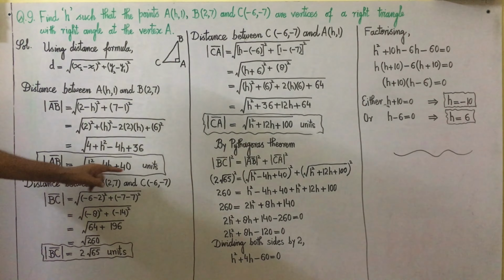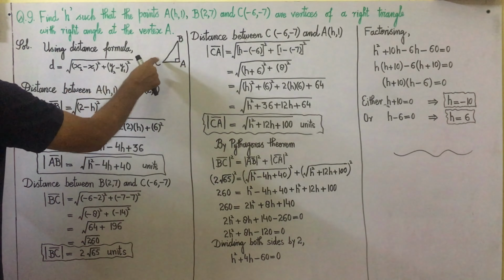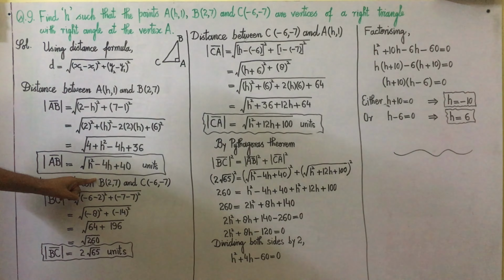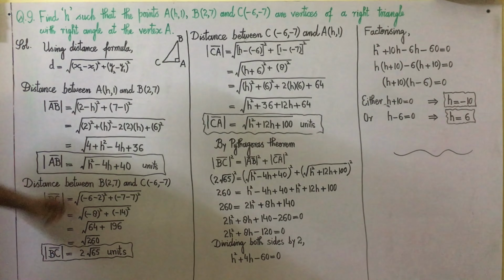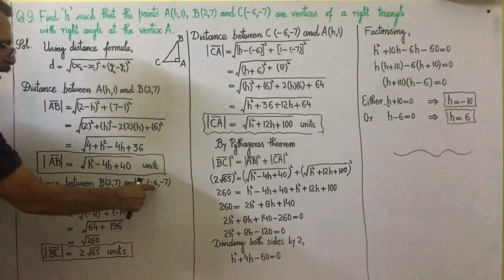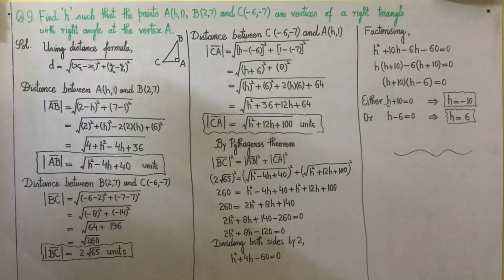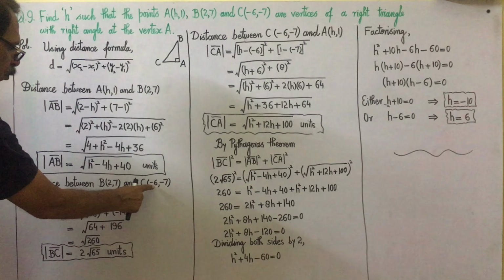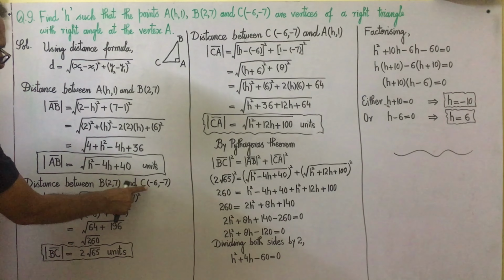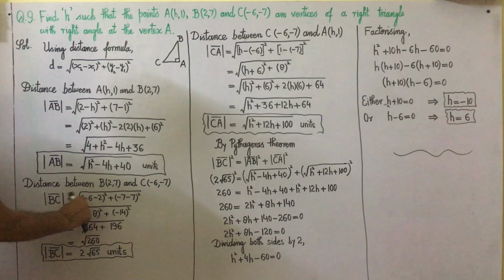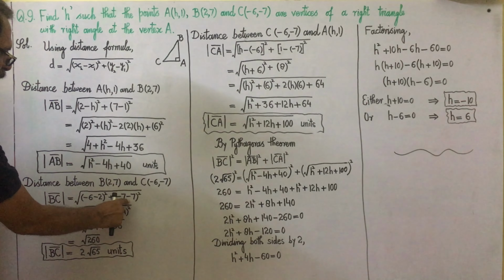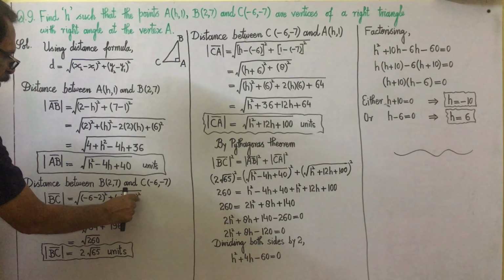Distance between B and C. B having coordinates 2 and 7, C having coordinates minus 6 and minus 7. So BC is equal to the square root of (x2 minus x1), minus 6 minus 2, whole square plus (y2 minus y1), minus 7 minus 7, whole square.